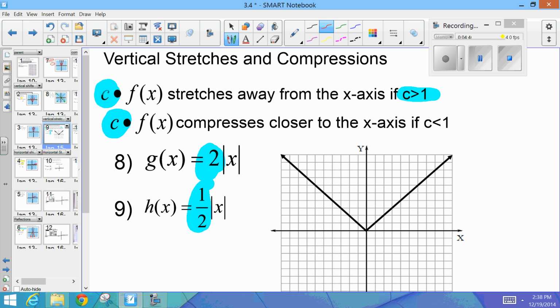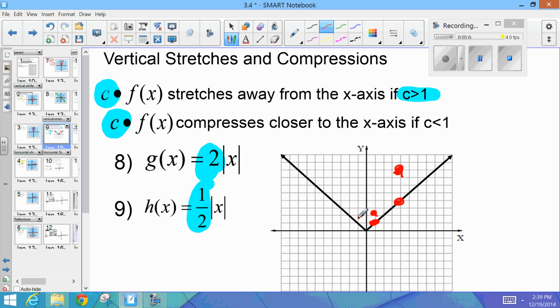So if I were to take the point 1, 1 and multiply it by 2, it goes here. If I were to take the point 4, 4 and multiply it by 2, it goes to 4, 8, so it goes here. And I'm going to do the reflections too.